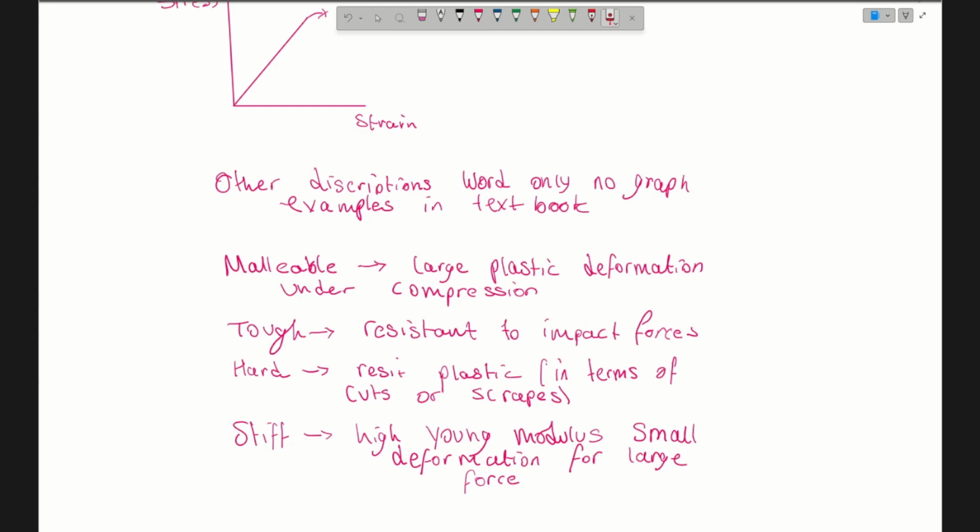Hard means it can resist plastic deformation, but a key part is it's in terms of cuts and scrapes, because technically if you were to cut something in half, that would be considered plastic deformation. And then finally we have stiff, which means an object has a high Young modulus, which is small deformation for a large amount of force.